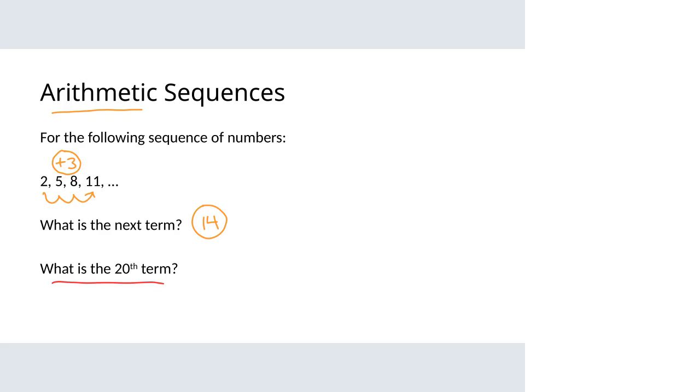And some of you who are grinders will just start listing them out until you get to the 20th. But really, that question is kind of a setup. We're not going to list them all the way out till we get to the 20th term. Instead, we're going to look for a formula for an arithmetic sequence.